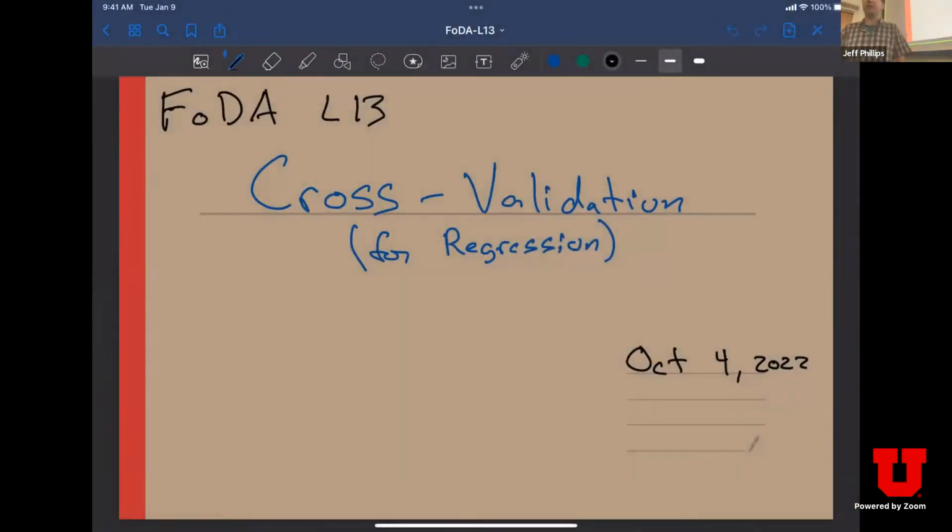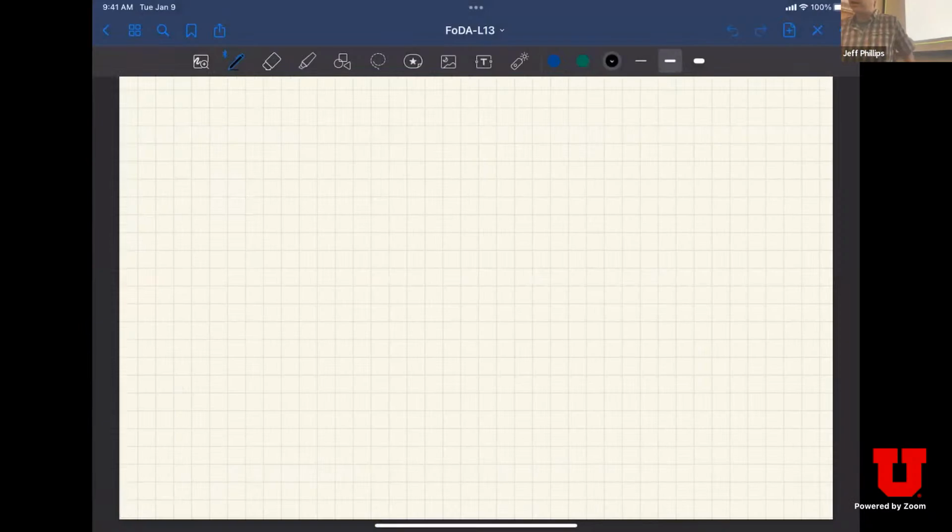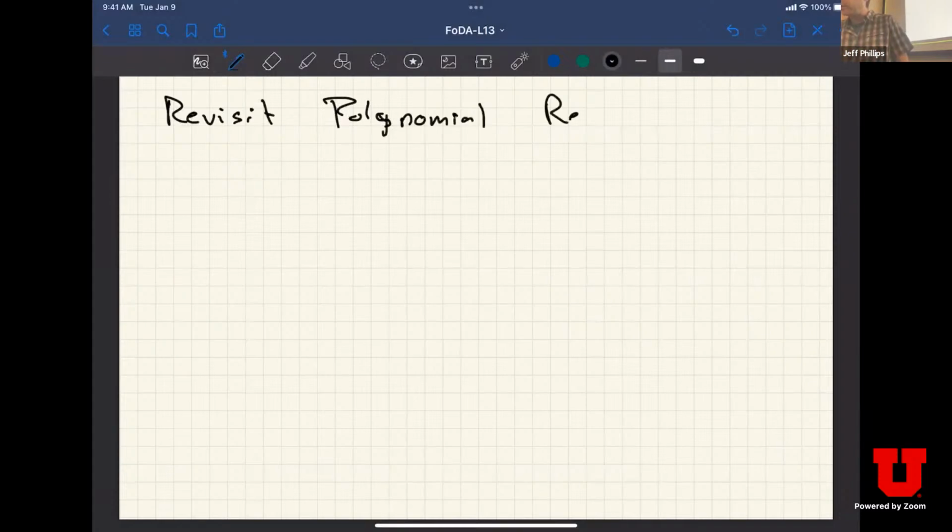We're going to talk about regression, and before I start, I want to revisit polynomial regression.